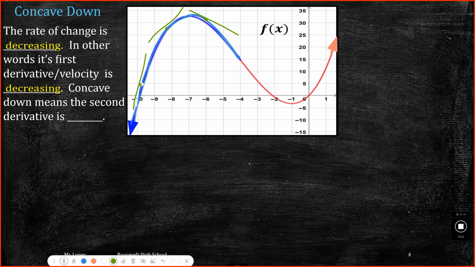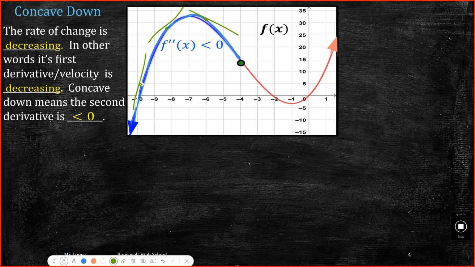The second derivative is what? Less than 0, it is negative. So concave down means the second derivative is less than 0. We're repeating everything we just did before in the other one. The second derivative is less than 0.